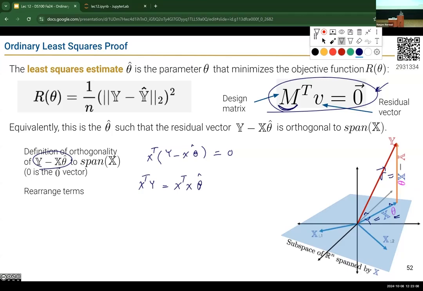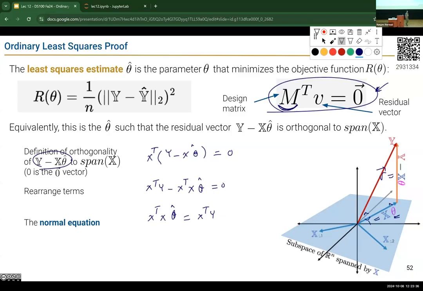Actually, sorry, I just wanted to distribute it, but let me go one step back. X transpose times y minus x transpose times x times theta hat is equal to 0. Then I'll take the negative term to the other side. This gives me x transpose times x times theta hat equal to x transpose times y.